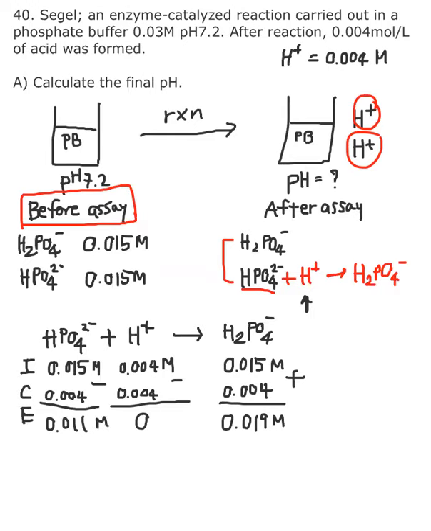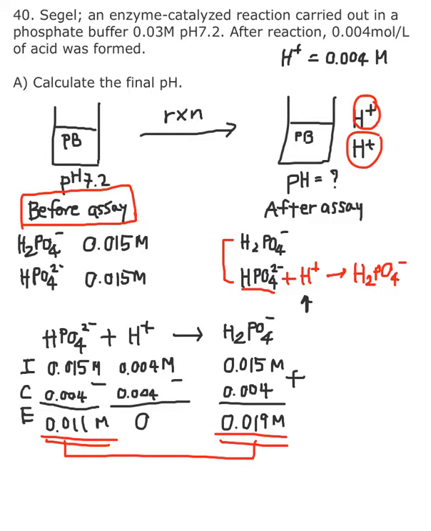And what you see here is the concentration of HPO4 2- and H2PO4 minus at equilibrium, and you need to use this value to calculate the final pH.